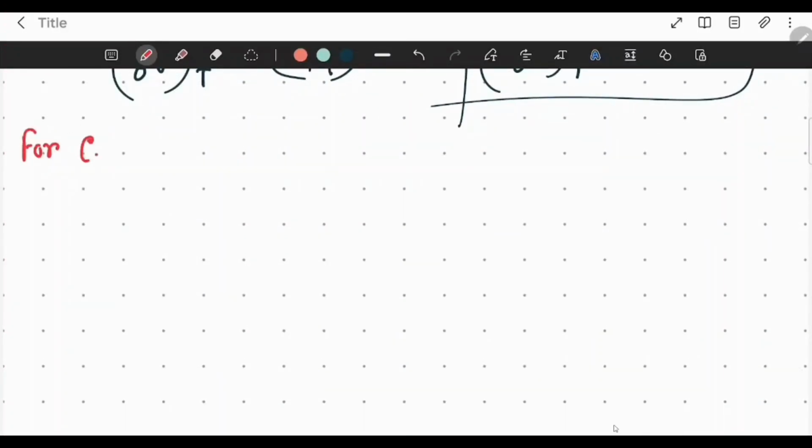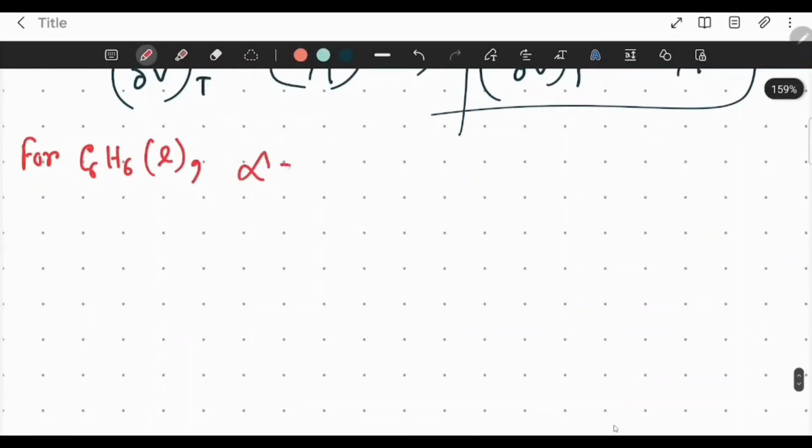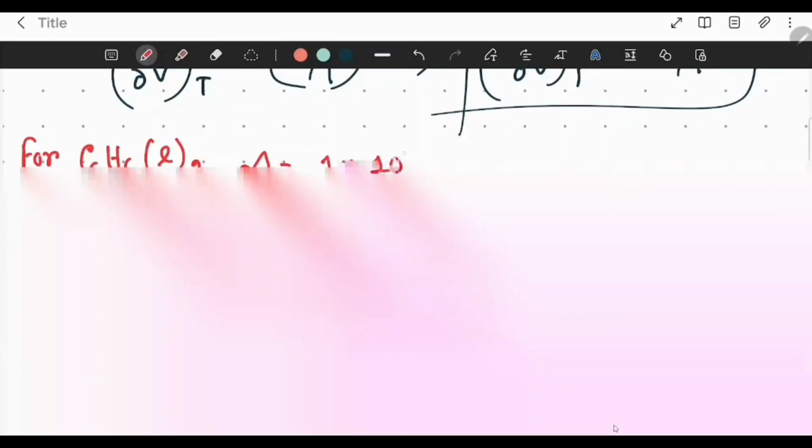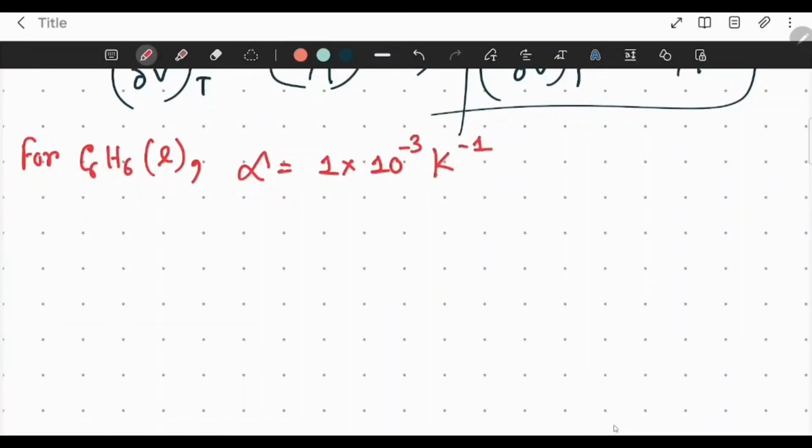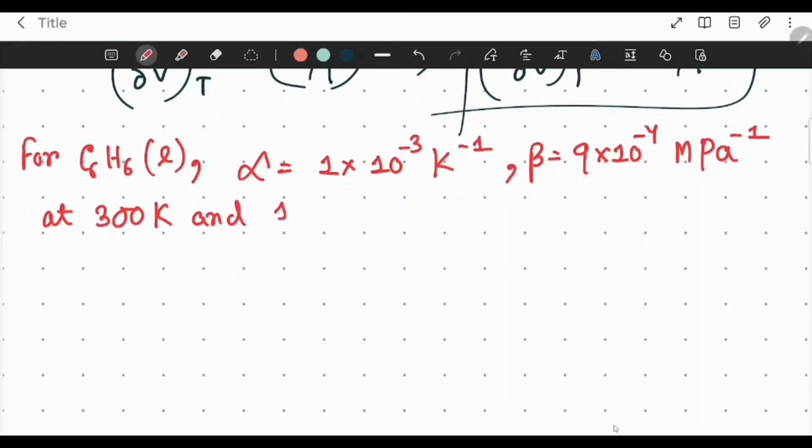For C6H6, which is liquid, alpha is given. Alpha is 1 into 10 to the power minus 3 Kelvin inverse, and beta is 9 into 10 to the power minus 4 megapascal inverse at 300 Kelvin and 101.325 kilopascal pressure.